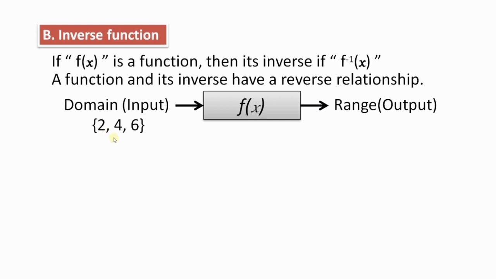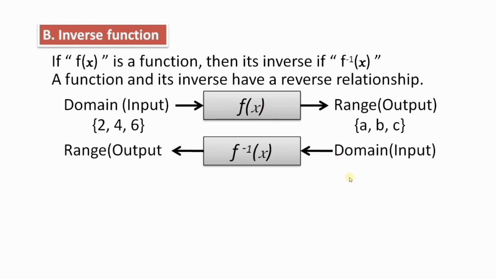So let's take, for instance, we have 2, 4, and 6 as our input values or the domain. And when we use those values in this function, which is the machine, it's going to send out the respective output values A, B, and C. What's happening if we want to obtain the domain for the original function in another function? So what will happen is we will now have a second function, which is the inverse of the first original function.